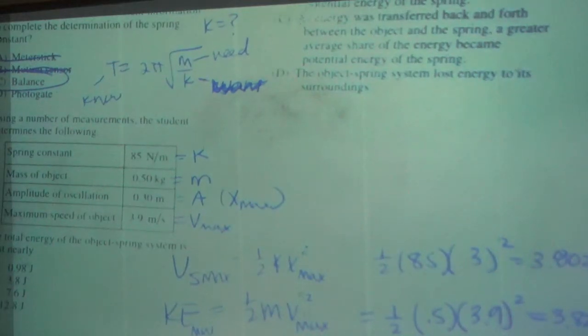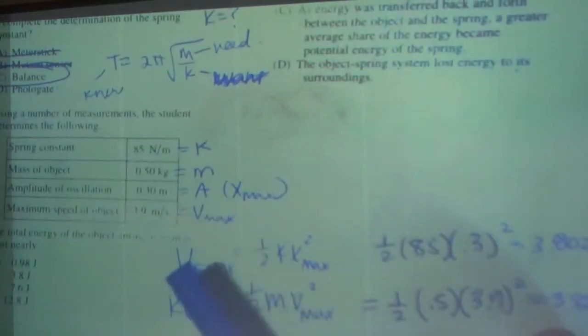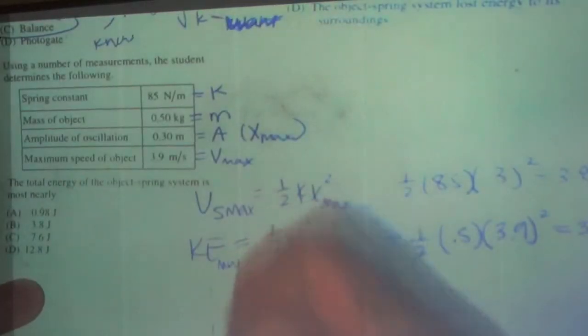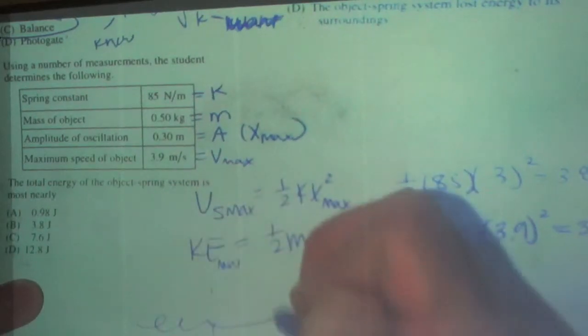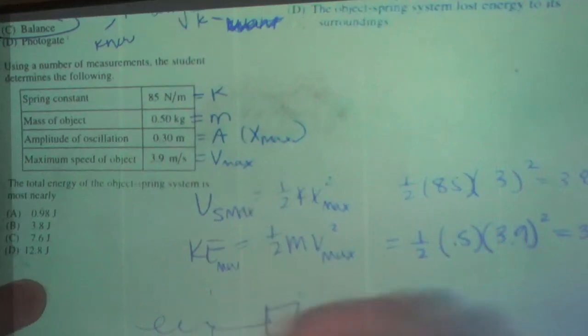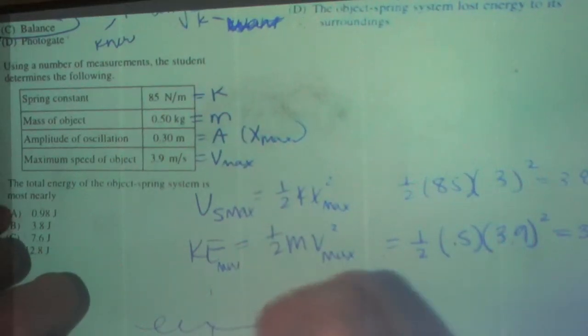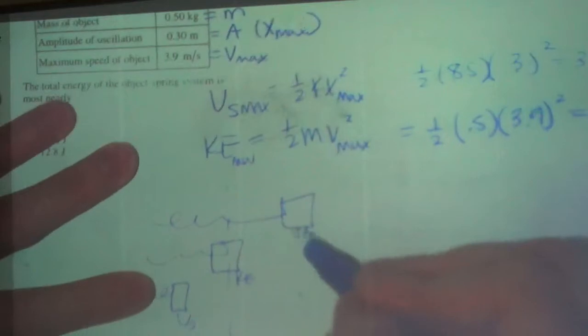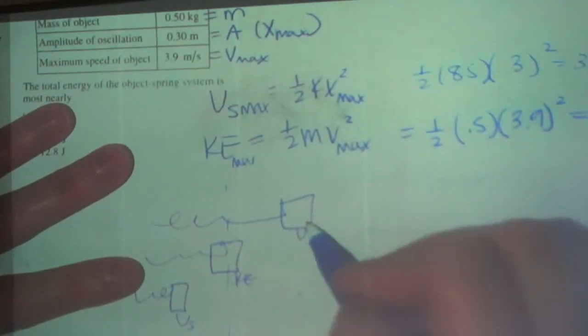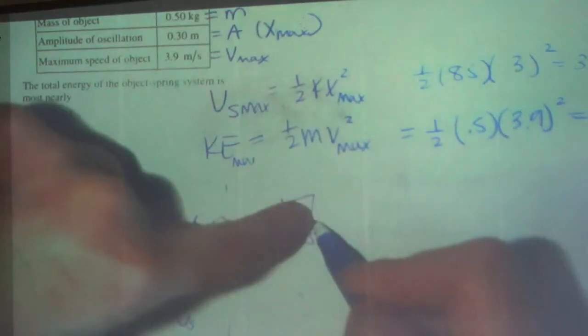One mistake I've seen people make is adding these two, because they think, oh, total, that's both of my energies. But you never have these two energies at the same time or at the same position, right? This is my equilibrium. It goes from stretch to all kinetic to compressed, which is all potential energy. So at this point where I would have 3.8025 joules of potential energy, I would actually have 0 kinetic energy.